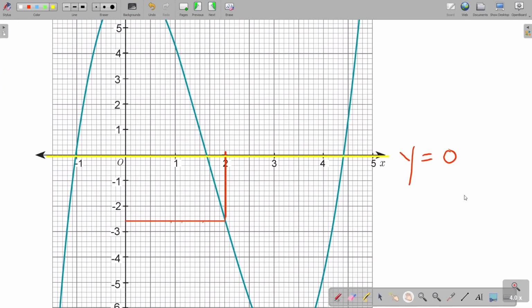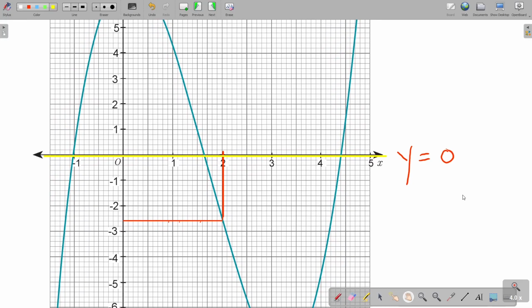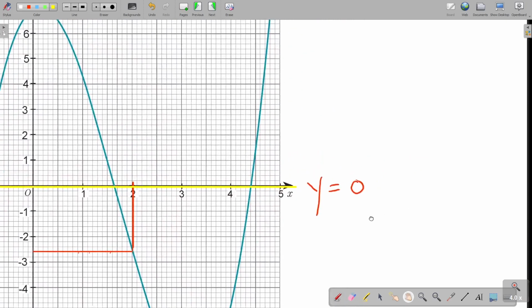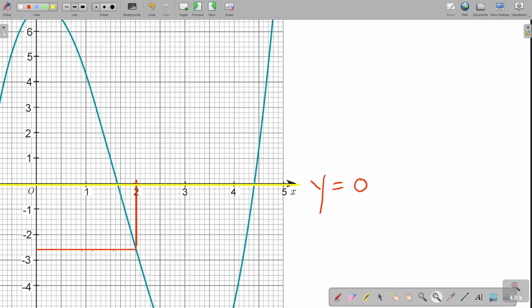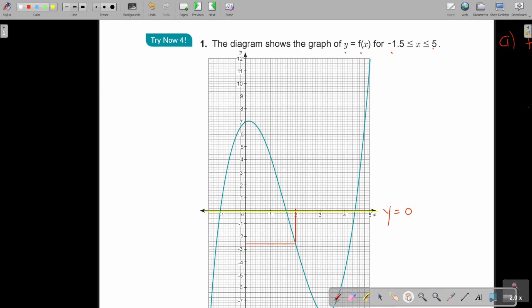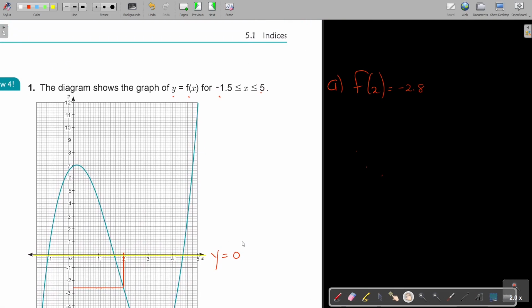Okay, so if I look here, I'm first going to read it to you. So this one is on -1. This one is 1.65, and then this one is 4.4. Let's just write it down. Okay, can you recall what I said?